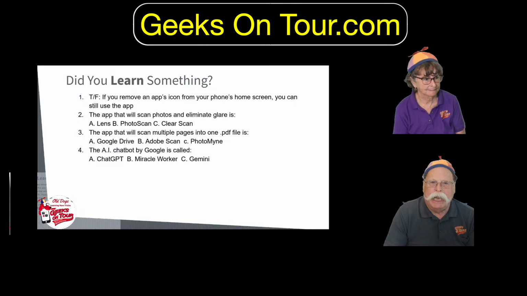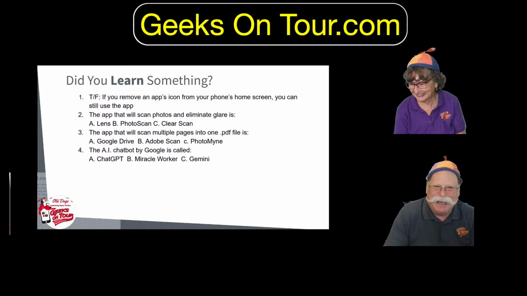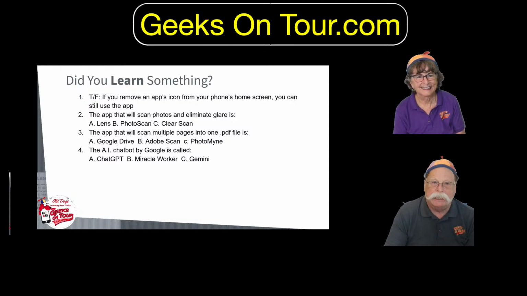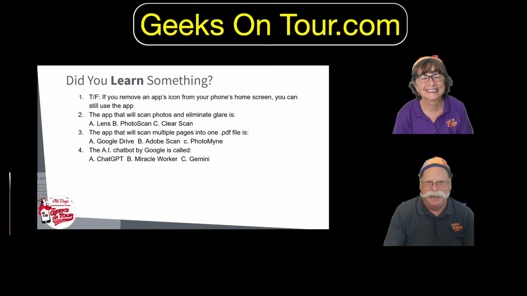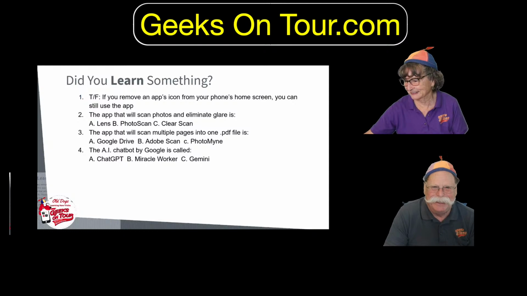An AI chatbot by Google is called A, ChatGPT, B, Miracle Worker, or C, Gemini. C, Gemini.